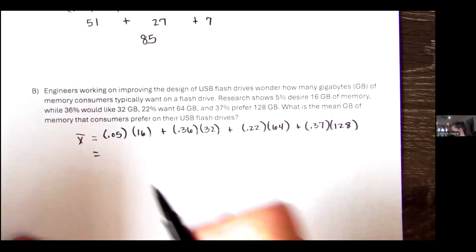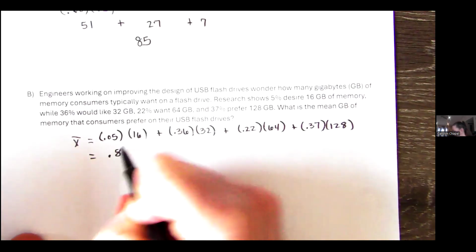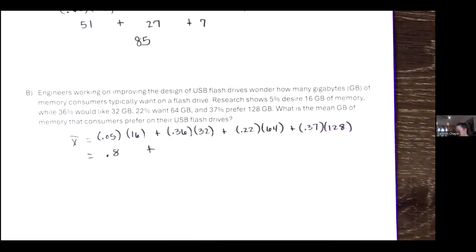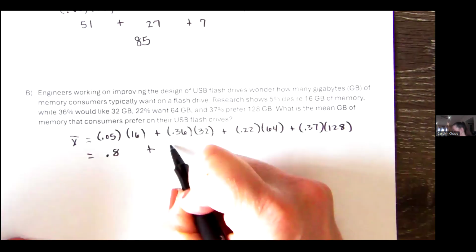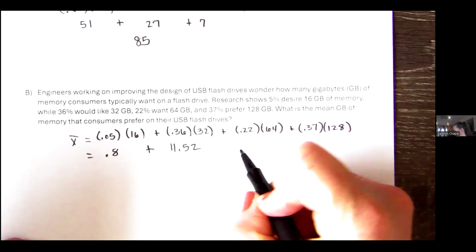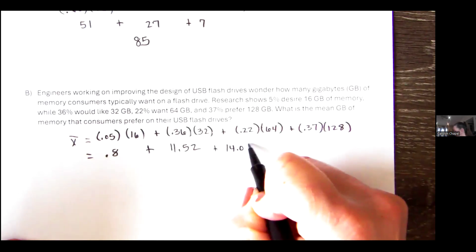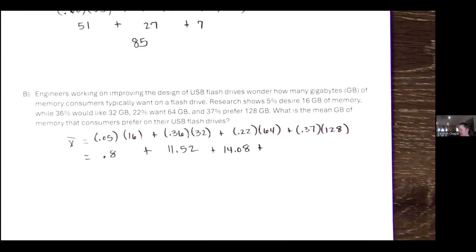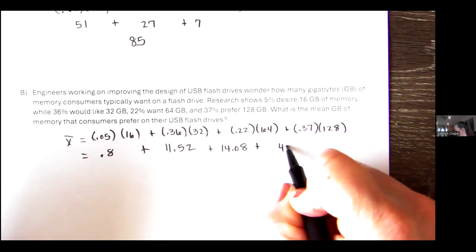So I'm going to get these pieces. 36 times 32 gives me 11.52, then 14.08, and 47.36.